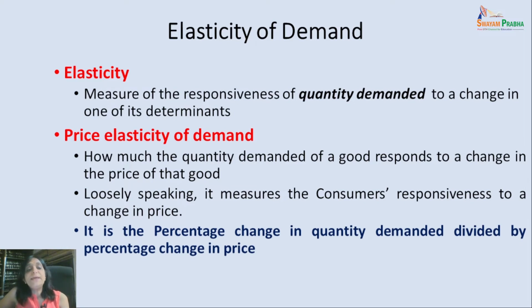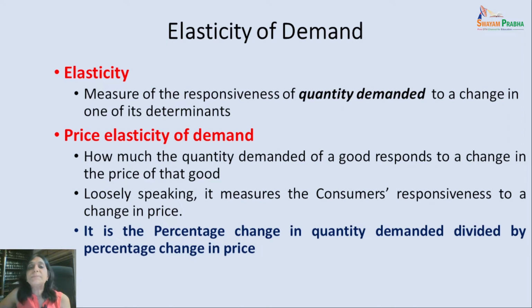Therefore, we say that price elasticity of demand is the percentage change in quantity demanded divided by the percentage change in price. That is, we are going to compare the new price with the original price and then we will get the percentage change in price. Similarly, we will compare the new quantity demanded with the original quantity demanded, which will give us the percentage change in quantity demanded.